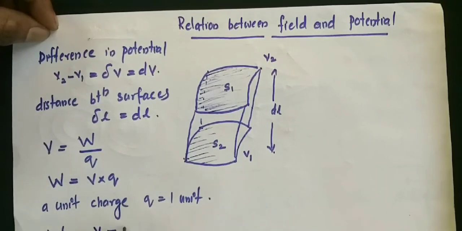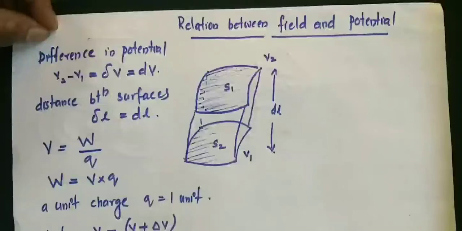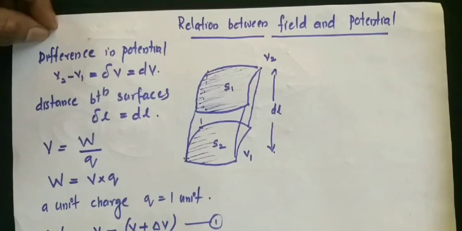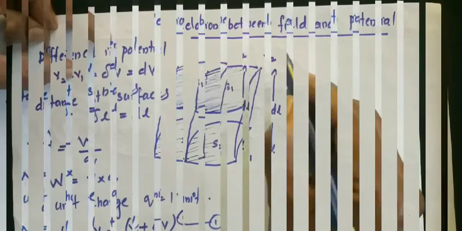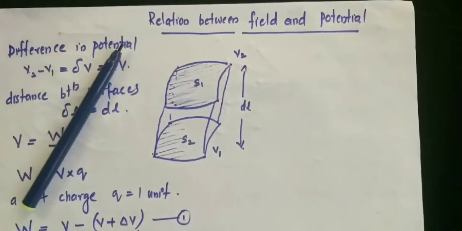But if I consider the change in potential as V minus (V plus delta V), then I can write W is equal to V minus (V plus delta V). Let it be equation number 1. So how does V minus (V plus delta V) come? That is because V is the potential on the first plate and V plus delta V is the potential on the second plate. So the difference in the potential will be V minus (V plus delta V).